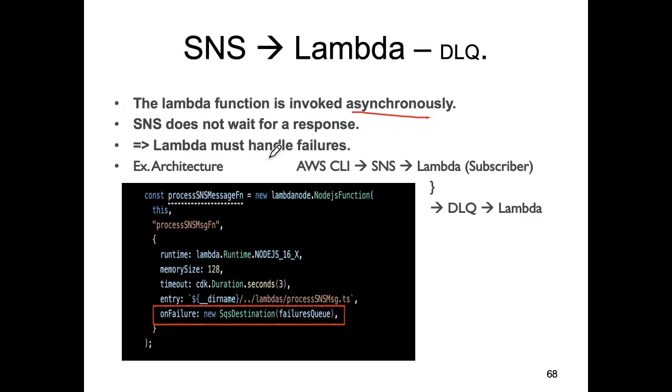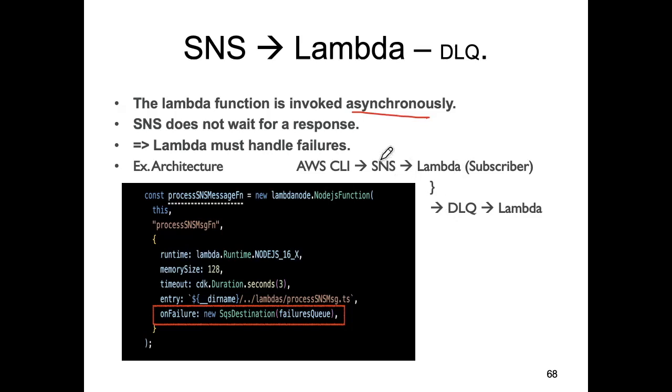So this is what I want to achieve. I have my client, my SNS, my Lambda, but the Lambda will have a DLQ, which is an SQS queue, and I have another Lambda that's dealing with the messages that are going into that. So how do I form this connection for this particular scenario?